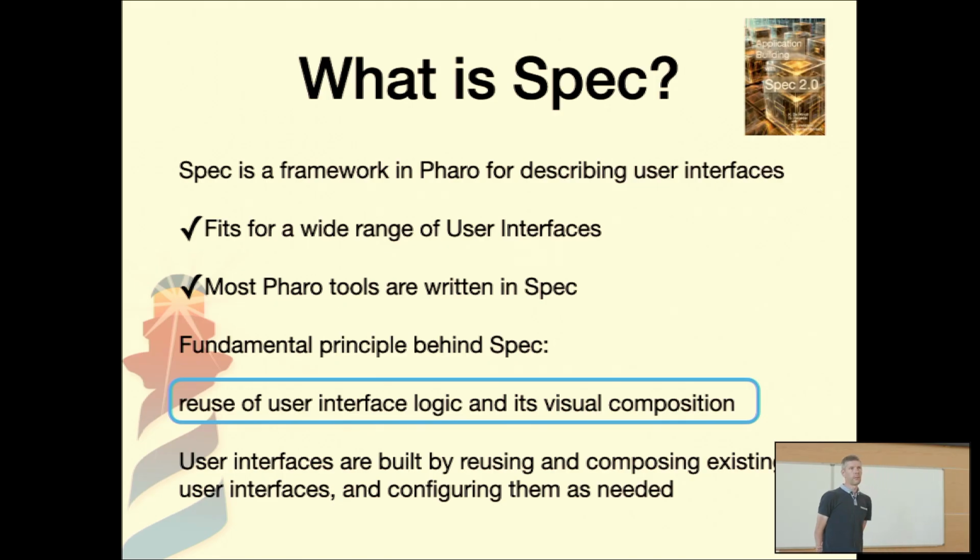The fundamental principle behind Spec is we want to reuse user interface logic and compose visual elements. So we build user interfaces by reusing and composing smaller user interfaces, and we configure them as we need.